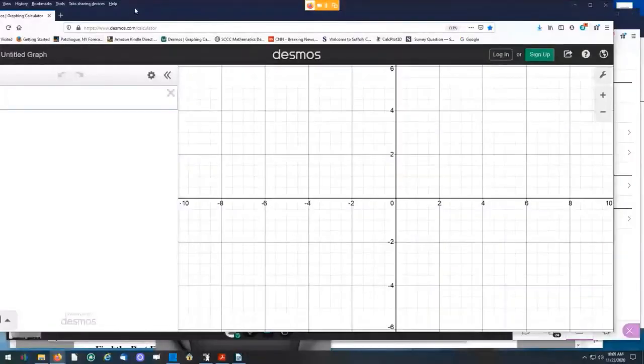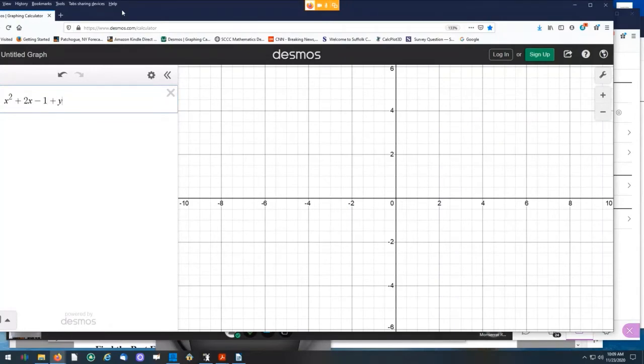So if we can put the first one up there that we have, which is x squared plus 2x minus 1 plus y squared. So you can see there's a circle that's shifted kind of down the x-axis.